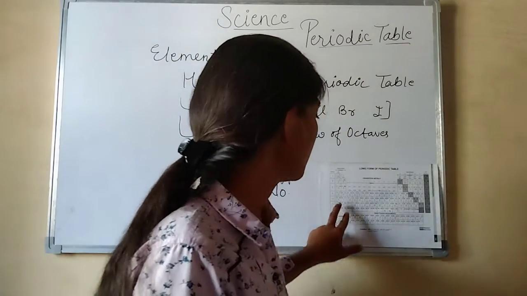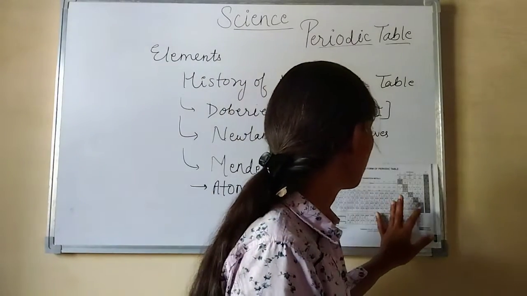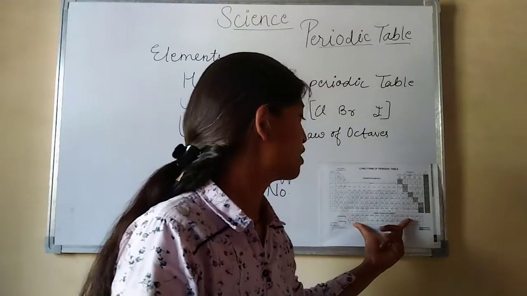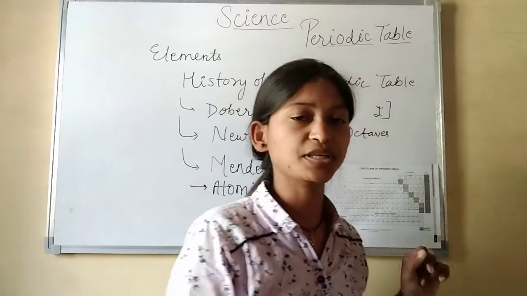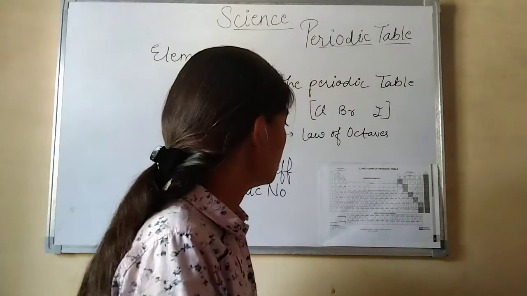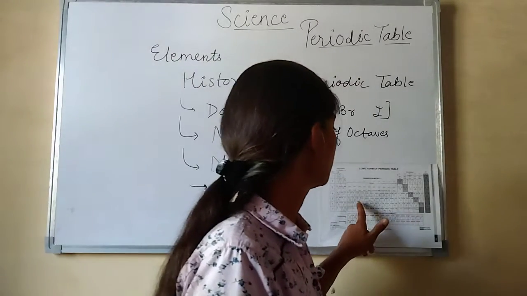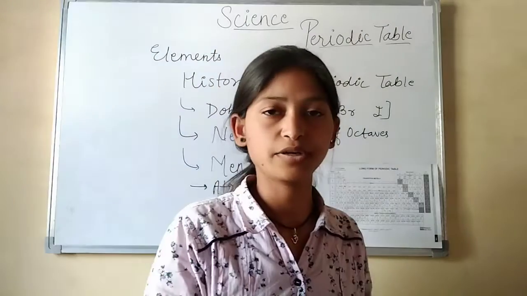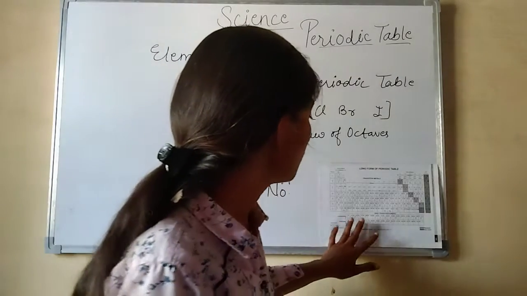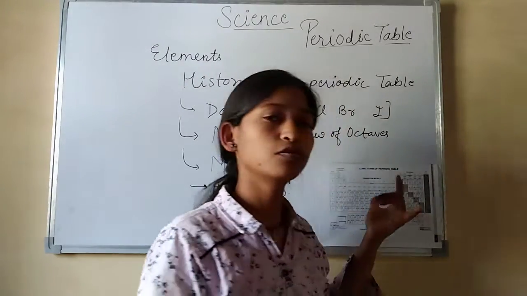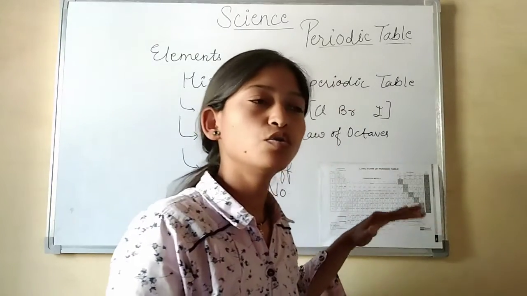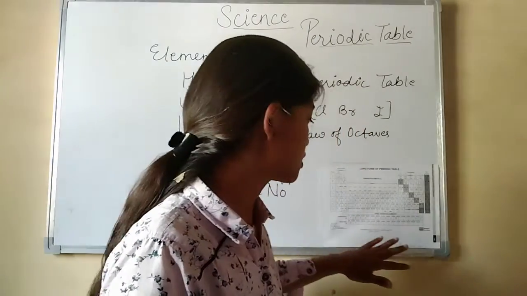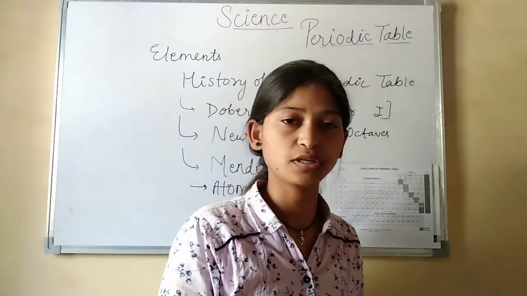Here is the S block having 2 groups, the D block having 10 groups, the P block having 6 groups, and the F block having 14 groups. Actually, the F block is situated perpendicular to the D block, but you can't show it in a 2D arrangement, so it is situated at the bottom of the periodic table.